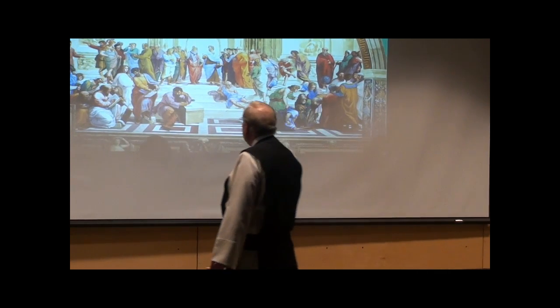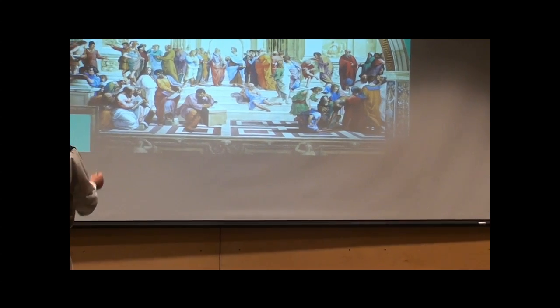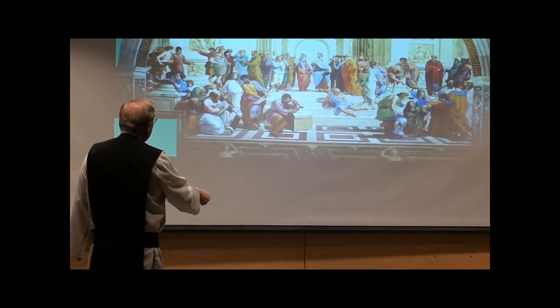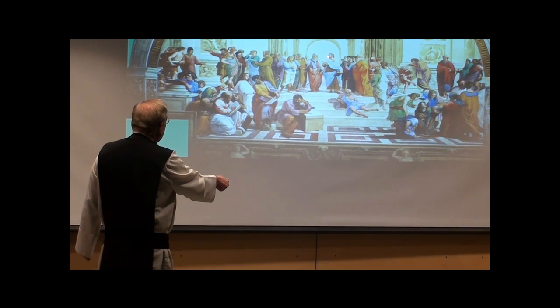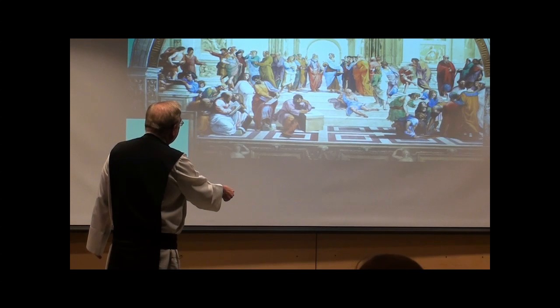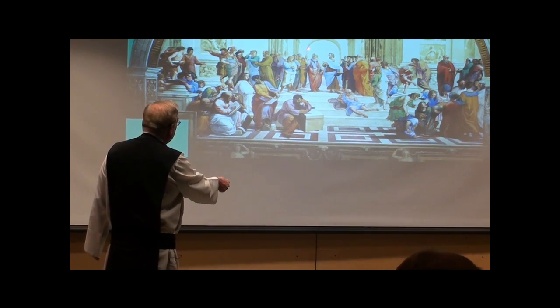Now, what do you see here? As you might be able to tell, this is Plato and this is Aristotle. Plato is holding, though you can't see it, one of his books called the Timaeus. And notice how he is pointing up.